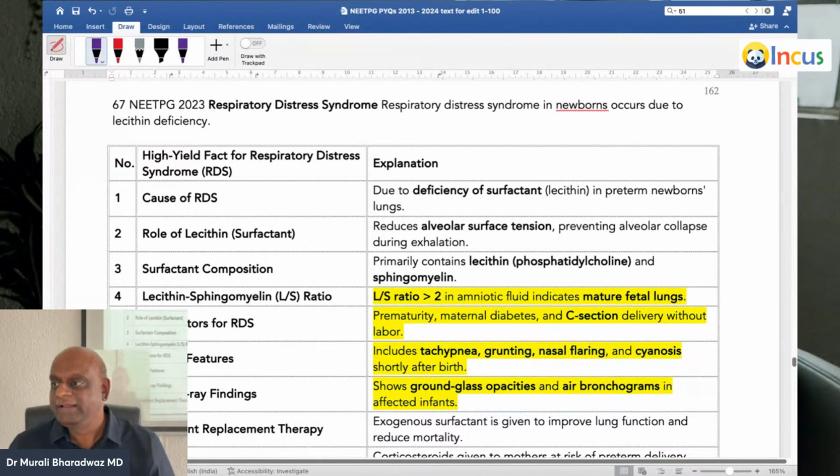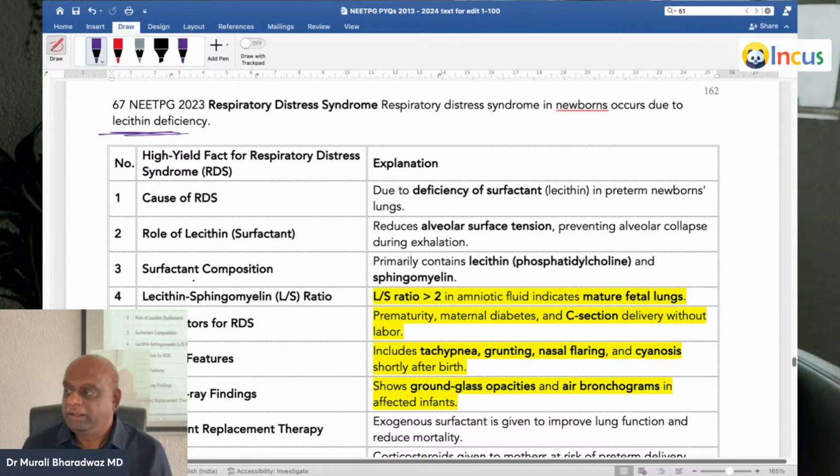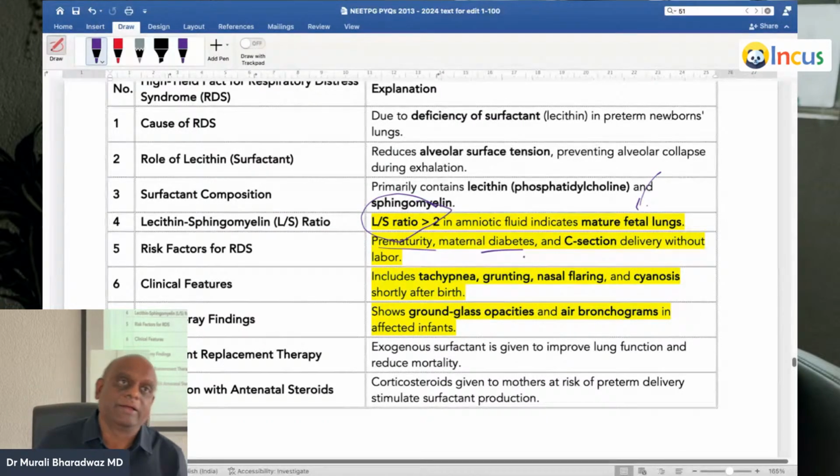Must, more than enough. So respiratory distress syndrome in newborn occurs due to lecithin deficiency. So what is the L/S ratio? An L/S ratio more than 2 means mature fetal lungs. Less than 2 means immature fetal lungs. So prematurity, maternal diabetes.